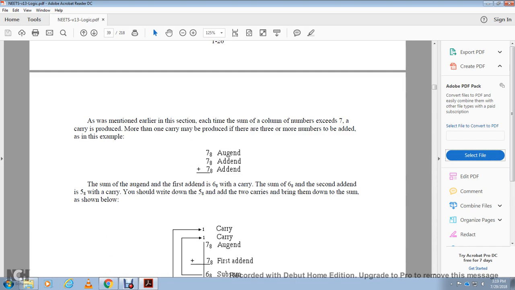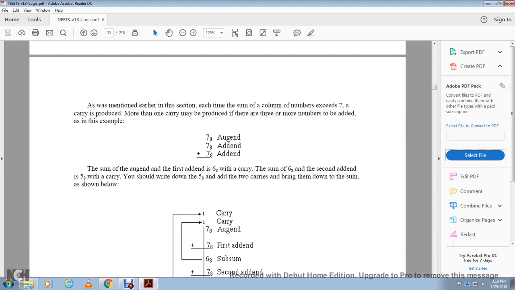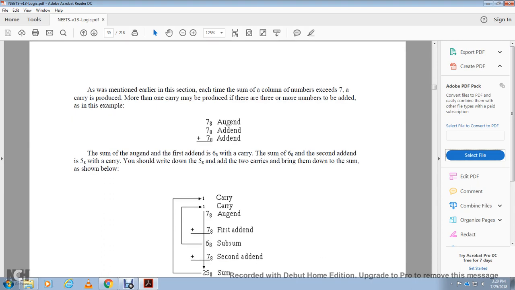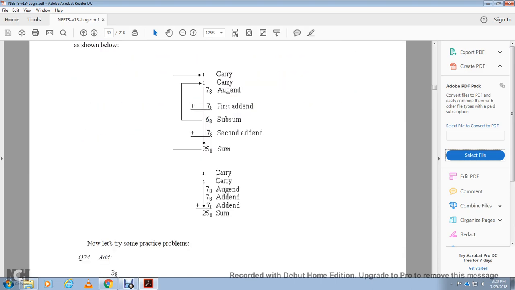The second column gives 5 base 8 with a carry, so we write down 5 with the 2 carry brought down. Then 7 base 8 plus 7 base 8 gives 6 base 8, plus 7 is 25 base 8, or 1 carry, for the sum.